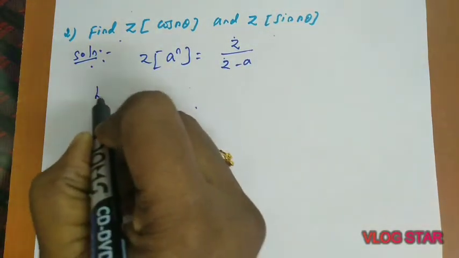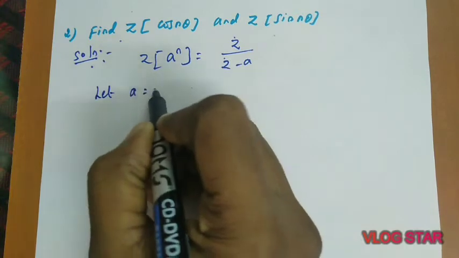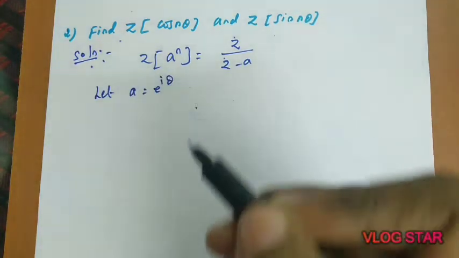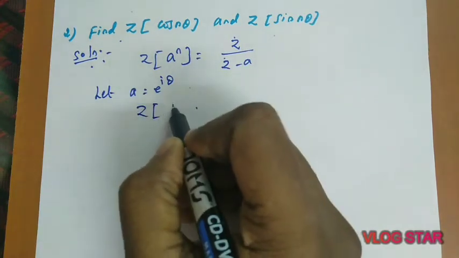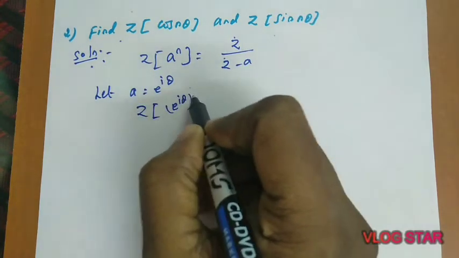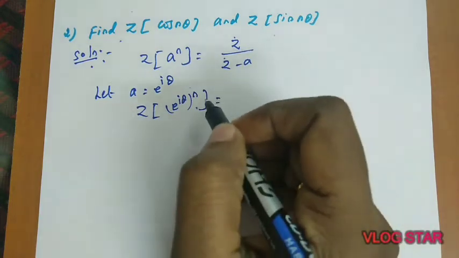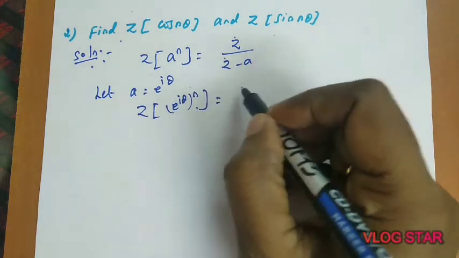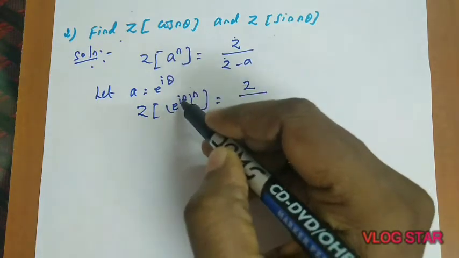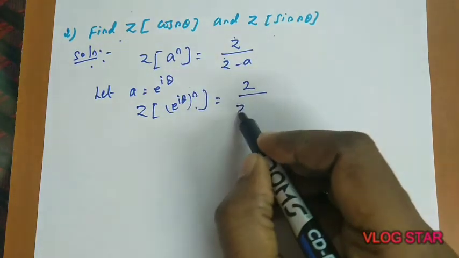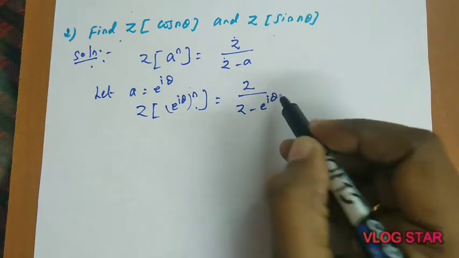So now we are going to take a is equal to e power i theta. So Z of (e power i theta) whole power n. So now this is of the form a power n. So z by, in the place of a we are having e power i theta, so z by z minus e power i theta.